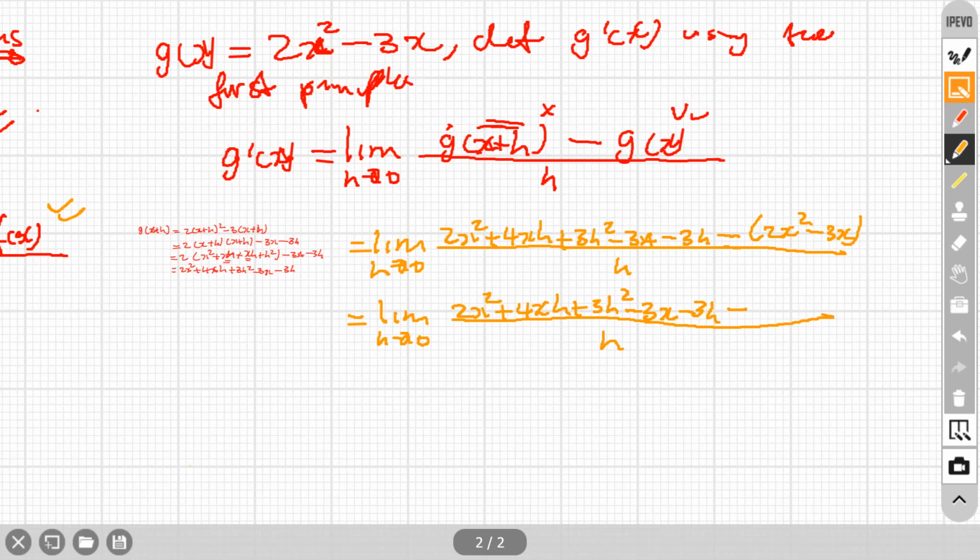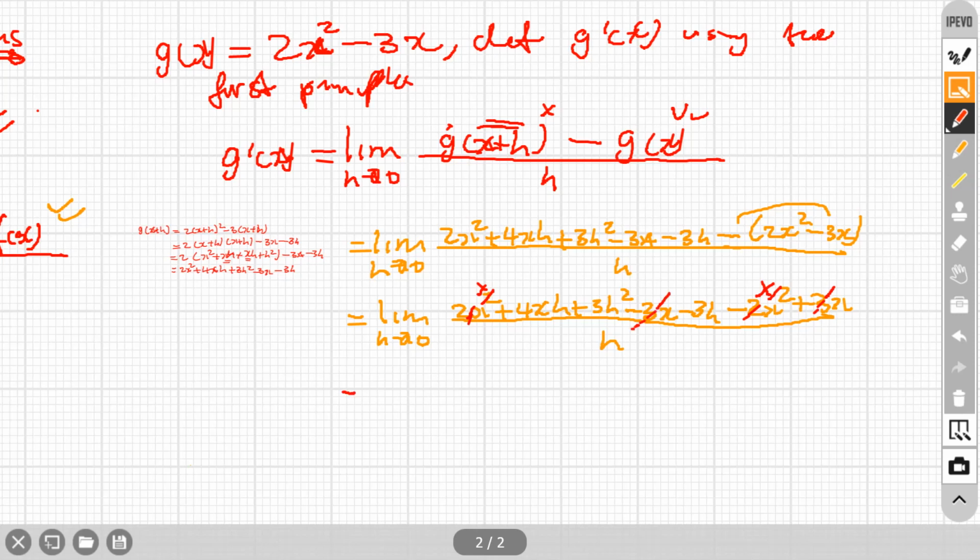Then this one multiplies this one, we get negative 2x squared. Then this one multiplies this one, we get positive 3x. Then we look for like terms. This x squared goes with this one, so they cancel each other. Then this 3x goes with this one, they cancel each other.